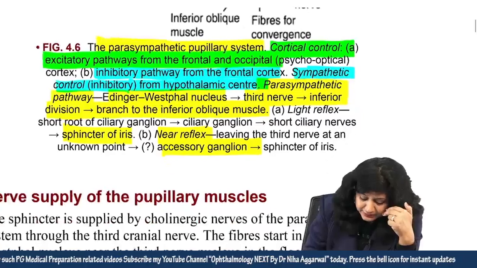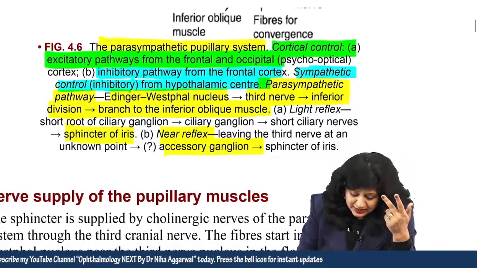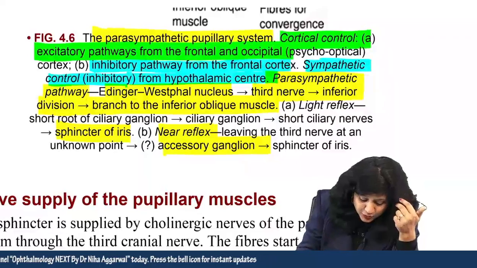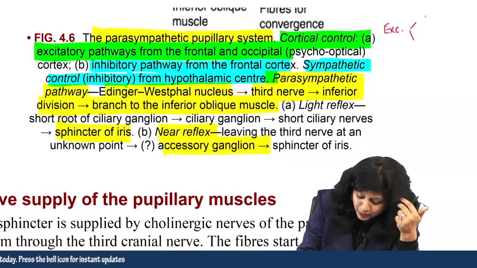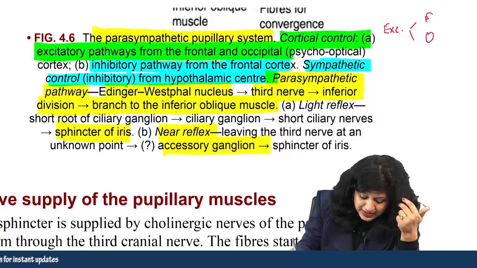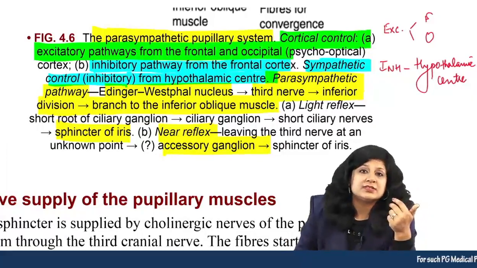I think you may know this from your neurology. We can summarize this: the excitatory pathway comes from your frontal as well as occipital cortex, and the inhibitory pathway comes from the hypothalamic center, or your hypothalamus. In this way it is going on, right?